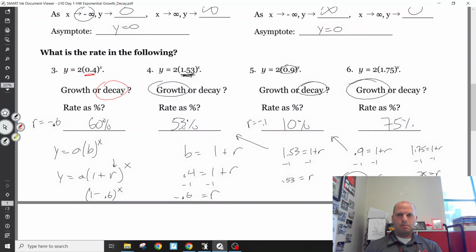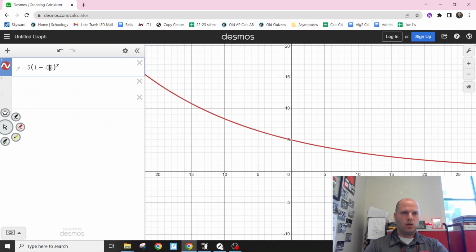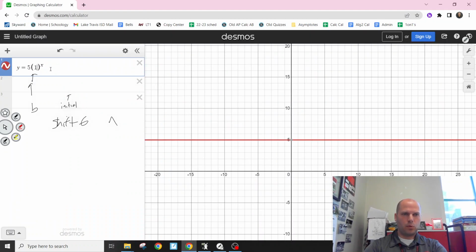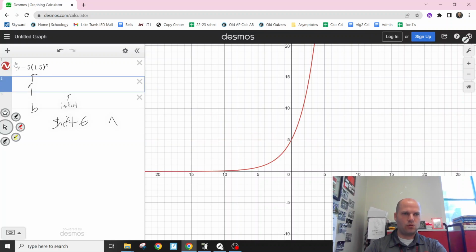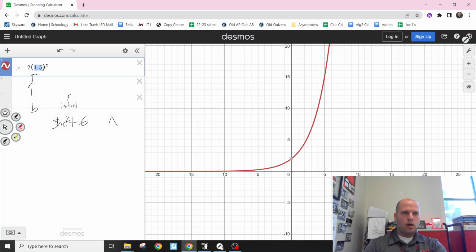Okay, a good one to do is the 50% growth. If I change this to 1.5, just to show you. If I have 1.5 and I started with 2, I'm increasing by 50%. Well, 50% of 2 is 1.